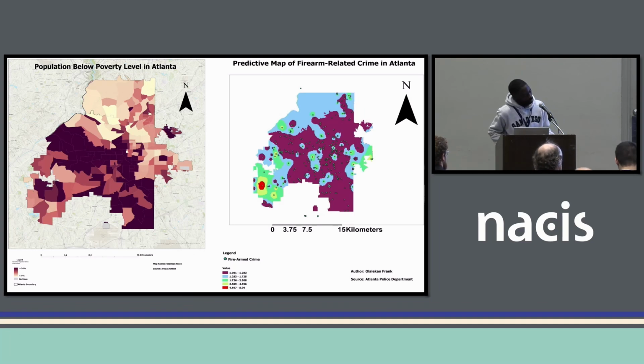Then I tried to connect it to the poverty level in Atlanta, and this area with crime hotspots shows that 24% of people living here are living below the poverty rate. I used IDW interpolation to make a predictive map of firearm crime, and the hotspot is moving towards the southeastern part of Atlanta.